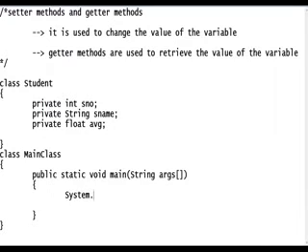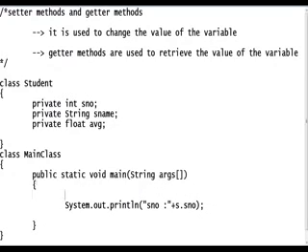Let me try to print, check it. System.out.println. I want to print s number here. How to print it? s.sNumber. What is s? That is nothing but a student object: Student s equals new Student.